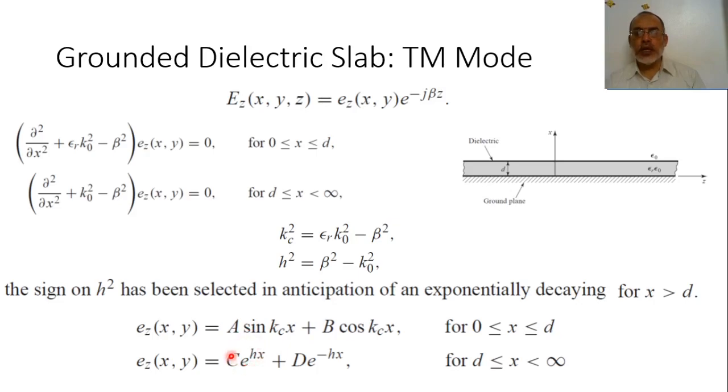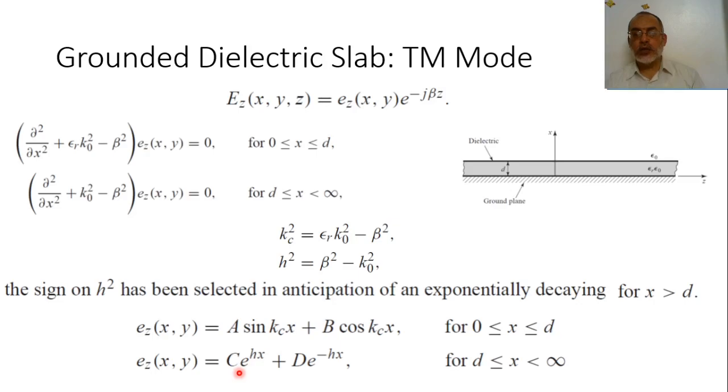So this term does not satisfy the radiation boundary condition. Thus this term should be 0. This means that the value of C should be 0 to satisfy the radiation boundary condition at x equals infinity.